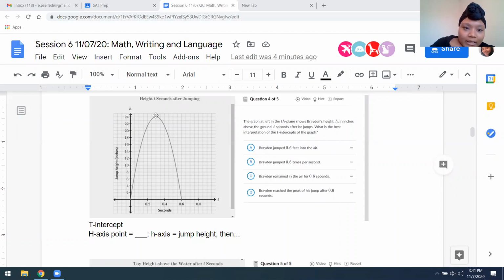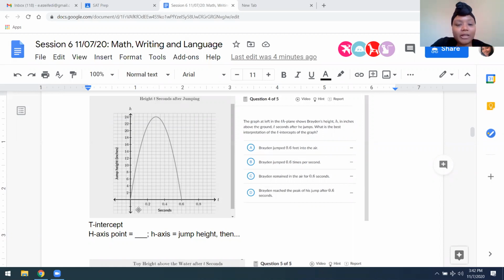As you said, if we're looking at answer choice D, it says he reached the peak of his jump after 0.6 seconds. Well, 0.6 seconds is right here, but the peak is over here. So we can rule that out. So we can look at A, Braden jumped 0.6 feet into the air.